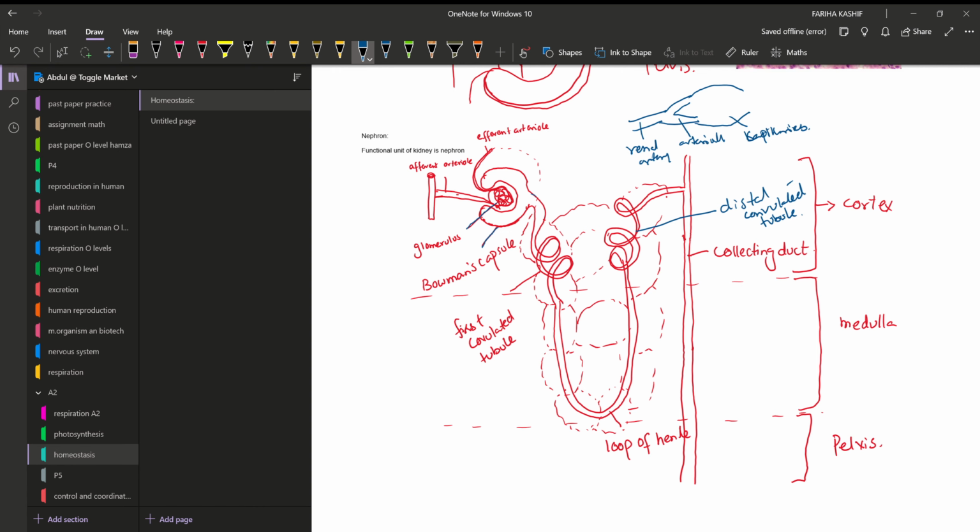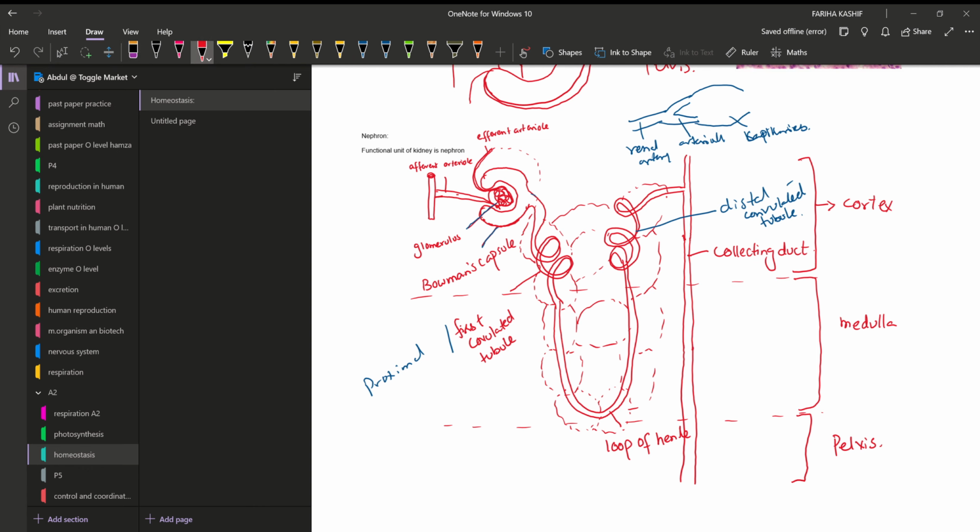And then this nephron will open into the collecting duct, and within one collecting duct a large number of nephrons open.